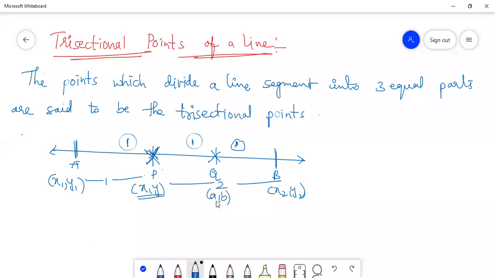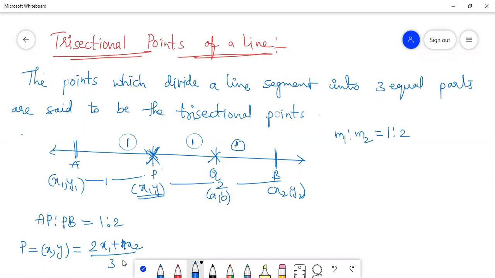For P, we use the ratio AP to PB as 1:2. So P equals x comma y equals 2 x1 plus 1 x2 by 2 plus 1, which is 3, and in the same way 2 y1 plus y2 by 2 plus 1, which is 3. This is the P point.